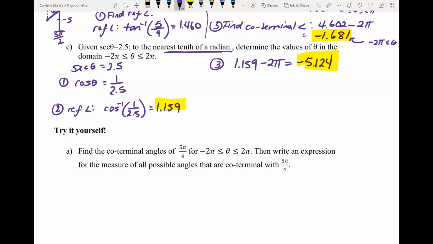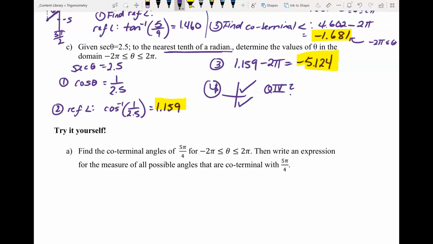The thing is, do we know what quadrant this angle is actually in? We don't. All we're given is that secant theta is positive. So that means that it could be in quadrant 1, but cos is also positive, or secant's also positive, in quadrant 4. The answers that we found before are both in quadrant 1. We need to consider quadrant 4 now.